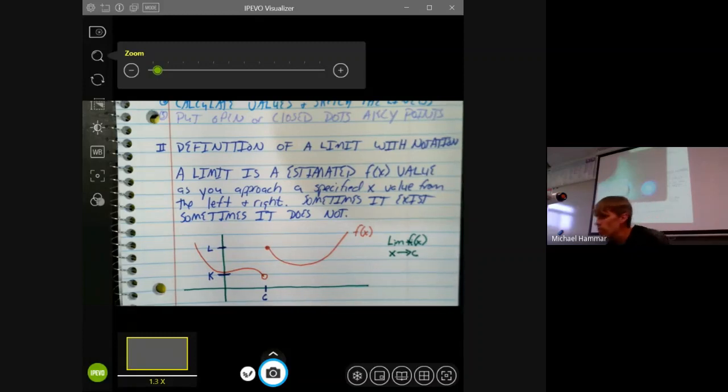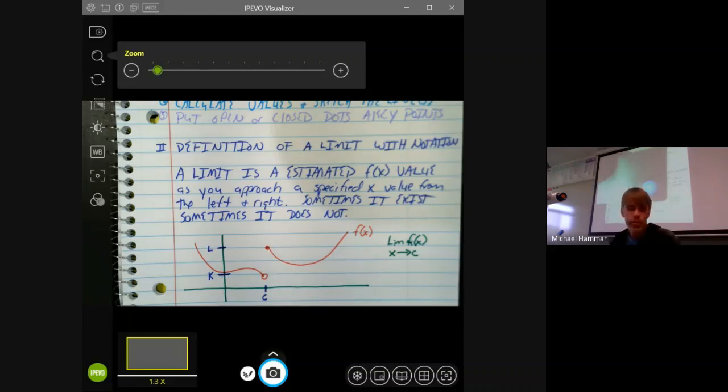Okay? So c is this x value right here. So we want to approach c from both the left and from the right.